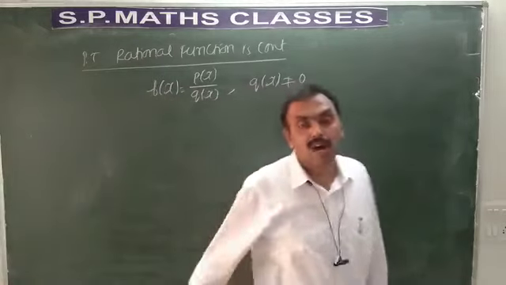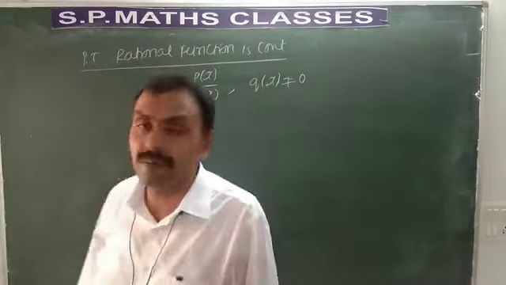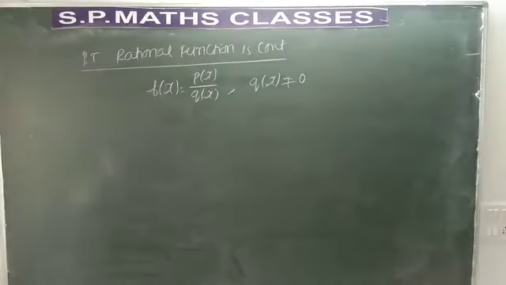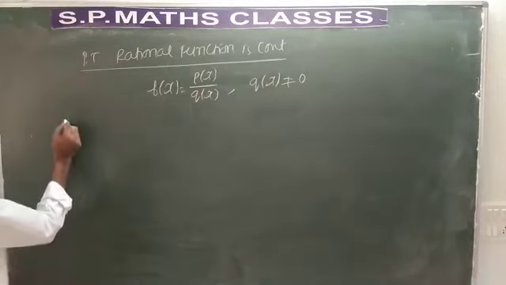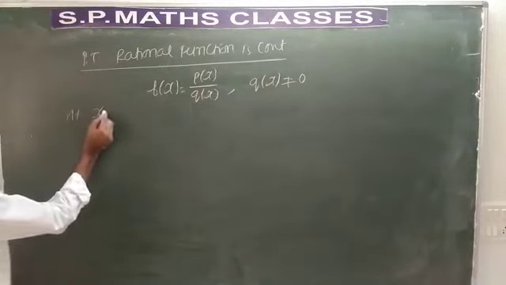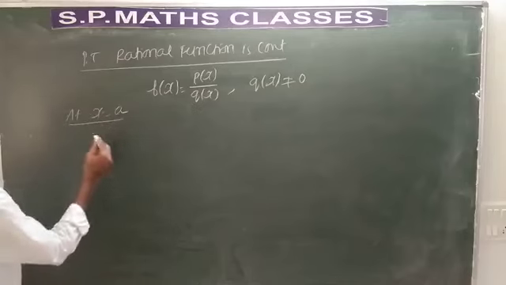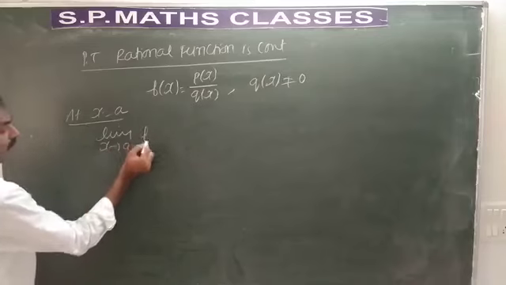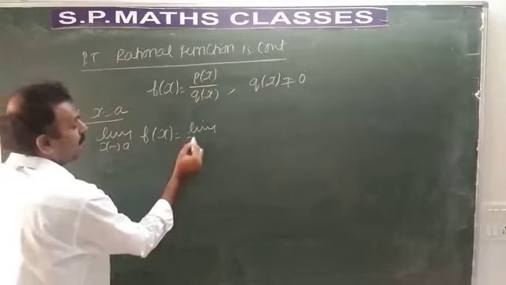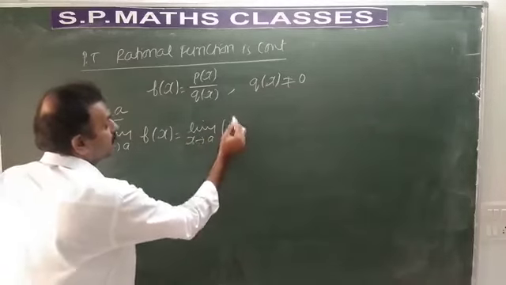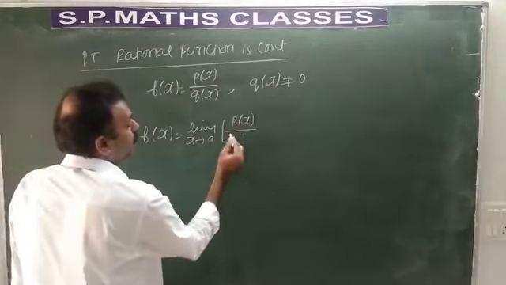I've already solved a problem of this type in the last class. So a rational function is a function of the form p of x divided by q of x. Now let us take the continuity at a point x is equal to a. You take up limit as x tends to a of f of x, limit as x tends to a of p of x divided by q of x.